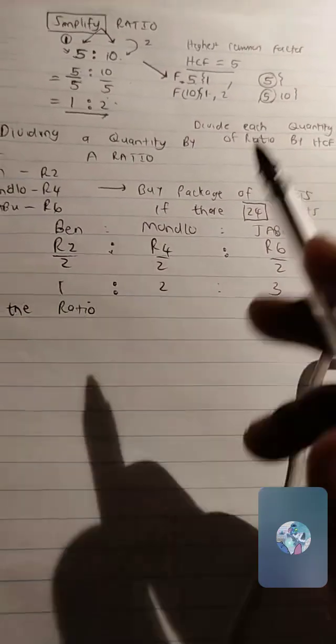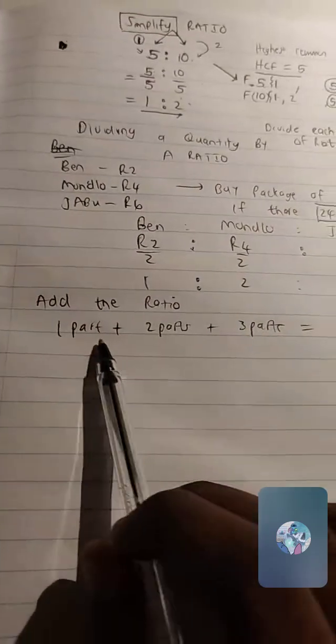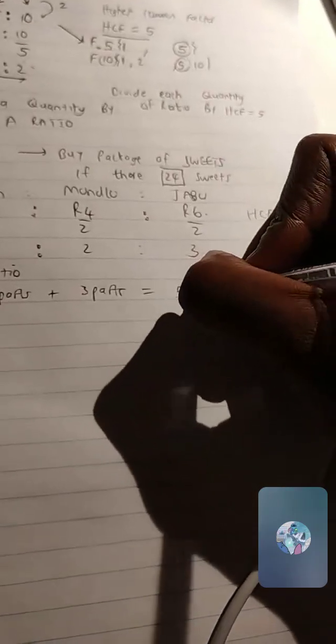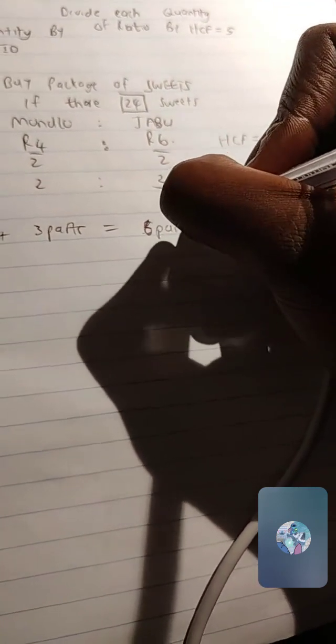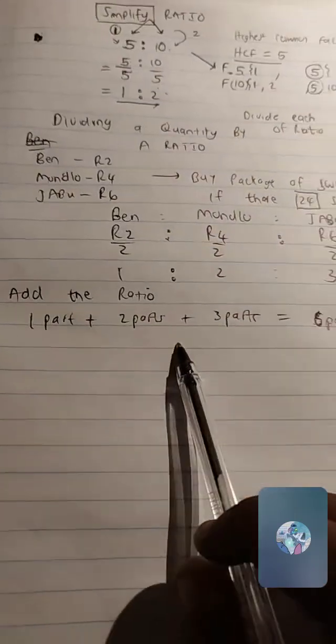So 1 part plus 2 parts plus 3 parts gives us a total of how many parts? 6. 6 parts, right? Very good.